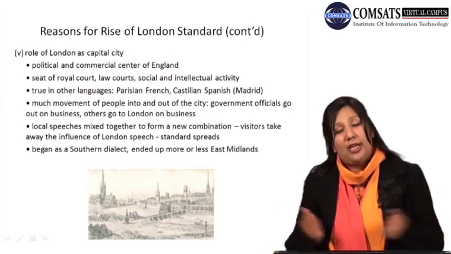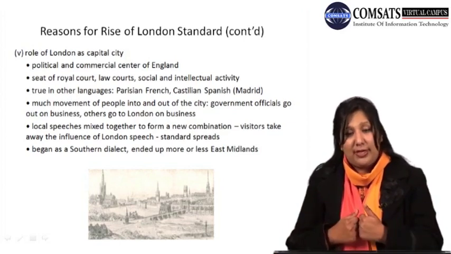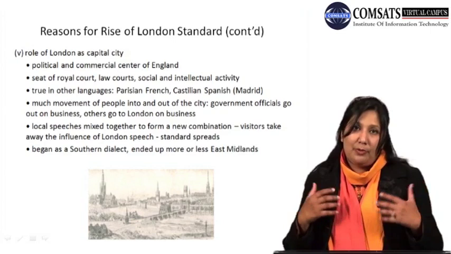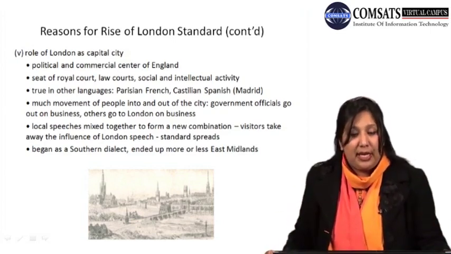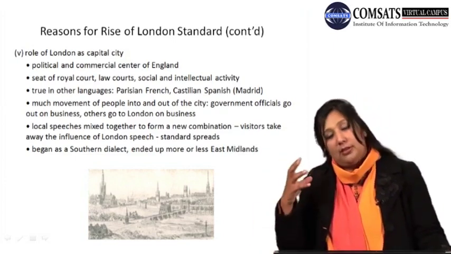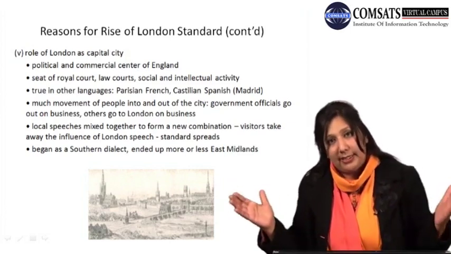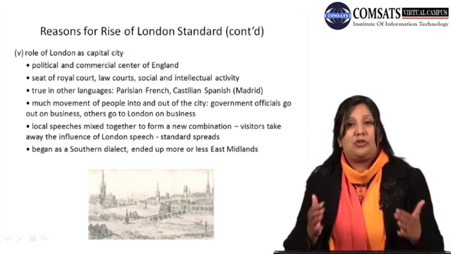It had social activity in the sense that as it was a center of commercialism, a center of trade, people used to come here and do trade here, and intellectual activity was going on. As I've told you, the universities were rising, the academia was rising. Academically, the people of London were very strong.